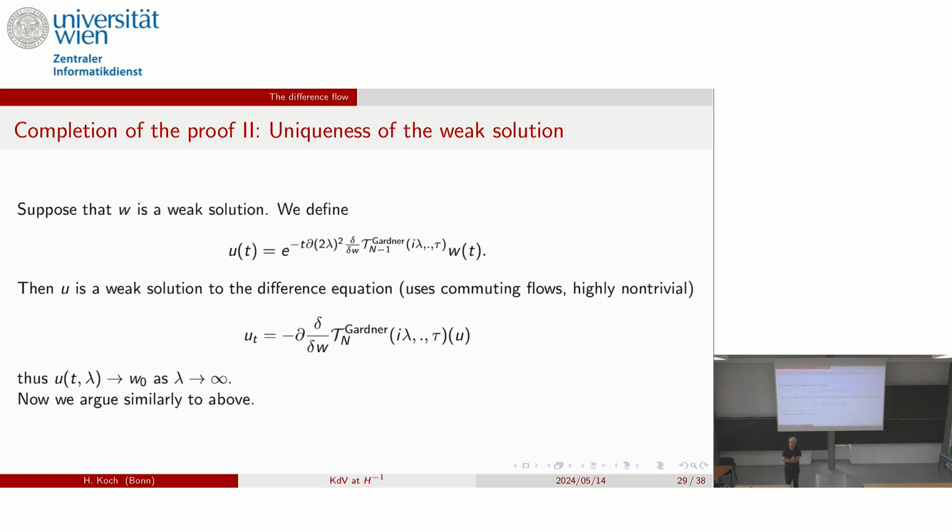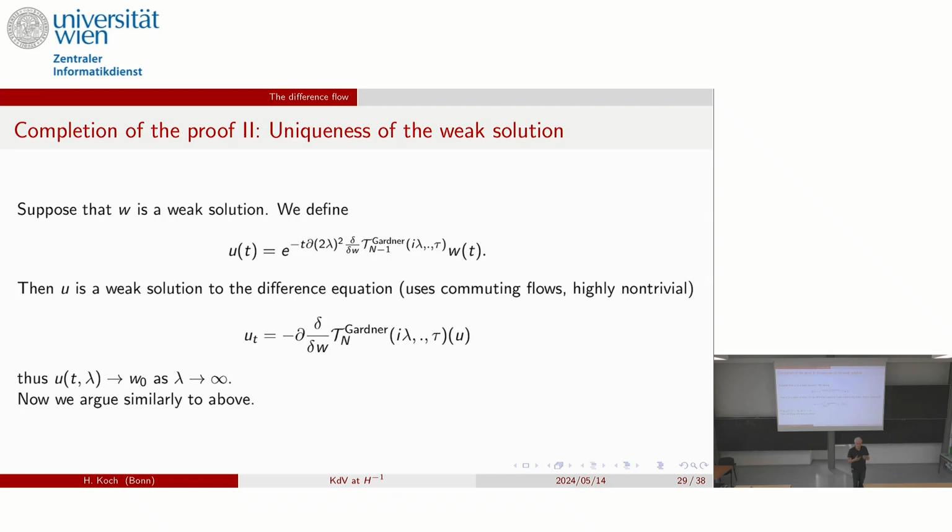Then you have two time variables. You flow one with one time variable, the other one with the other one. And you differentiate with respect to one of the time variables. So that gives you some sort of commutation formula for vector fields and flows. And this is obviously then true. This is a step of proving that the flows commute. And this has a better chance to be possible to prove also in our setting.